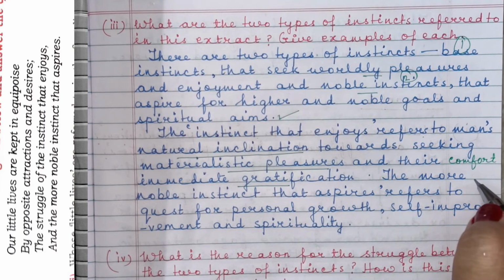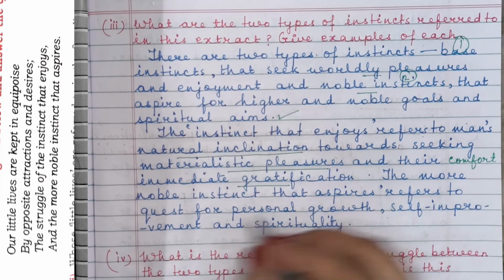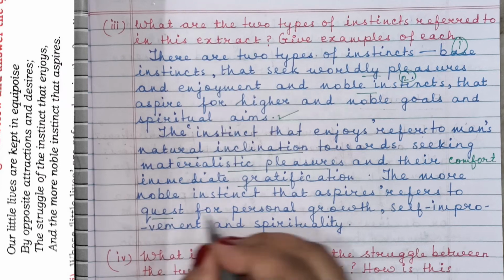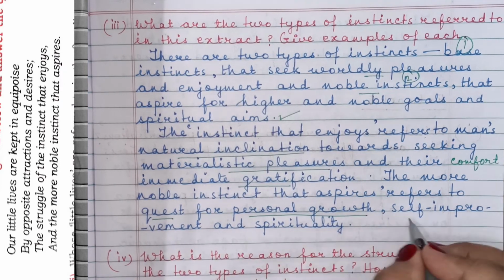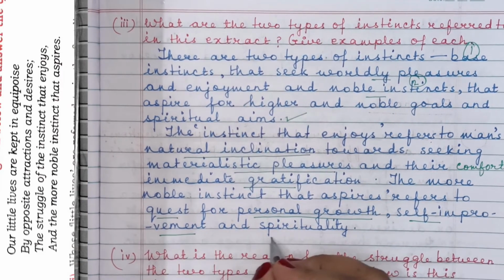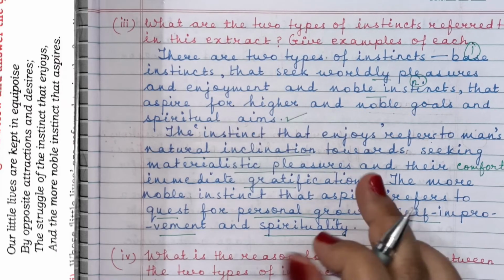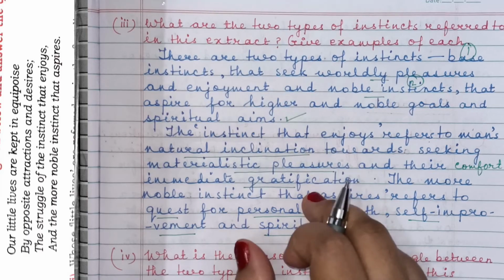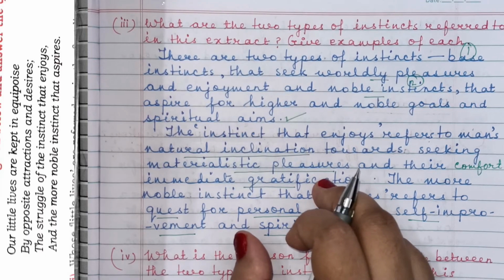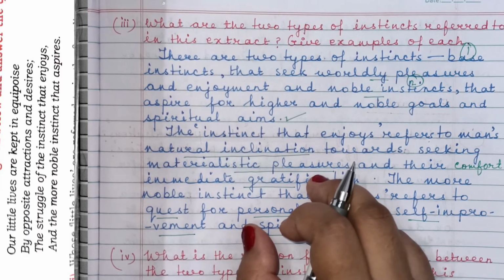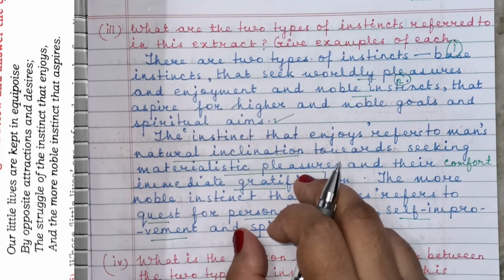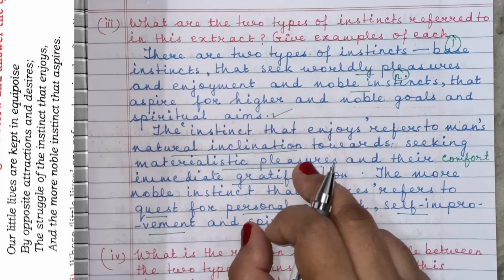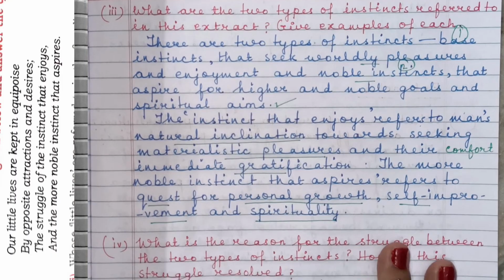The more noble instinct that aspires refers to the quest, search, yearning for personal growth, self-improvement and spirituality. I have given the examples over here also very briefly, but I have added this section so that you can use them if necessary. So, adjust and adapt according to the question available. Study with an open mind.